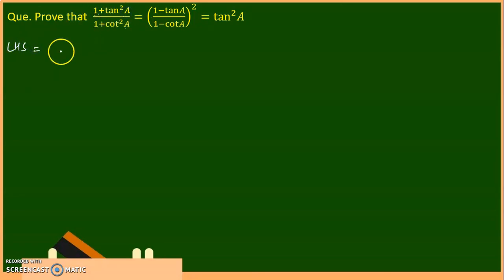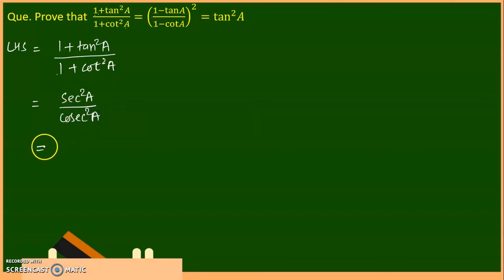Here we have 1 plus tan square A divided by 1 plus cot square A. So we know that 1 plus tan square A will be equal to sec square A, and 1 plus cot square A will be equal to cosec square A.